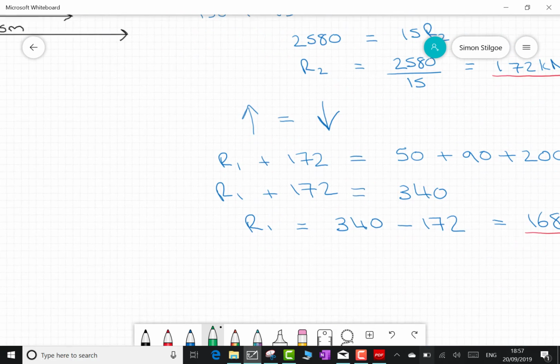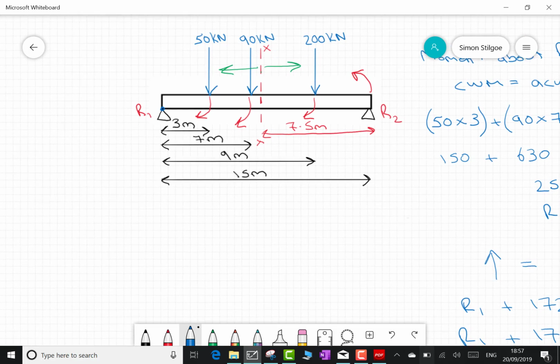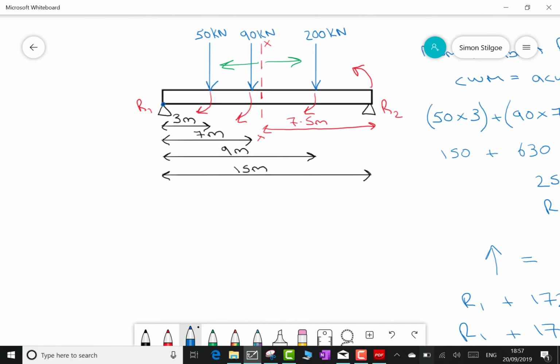So let's do that. Let's do it over here underneath so we can keep our diagram slightly visible. My bending moment, looking to the right: the first one moving to the right of XX is my 200 kilonewton, and with respect to my section XX it would turn the beam in a clockwise direction. Remembering from earlier, clockwise directions for bending moments are positive and anti-clockwise directions are negative.